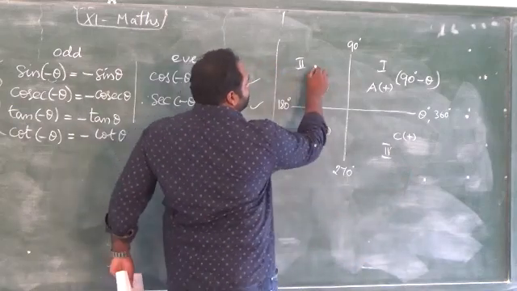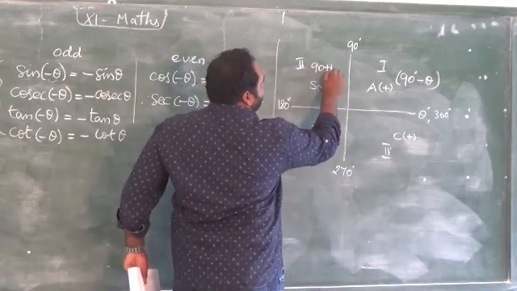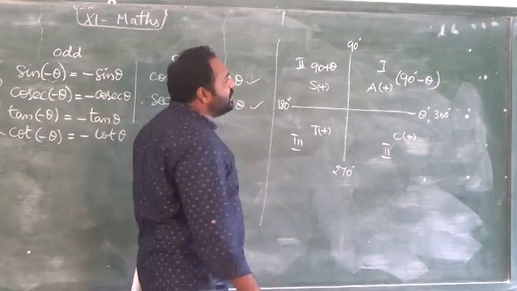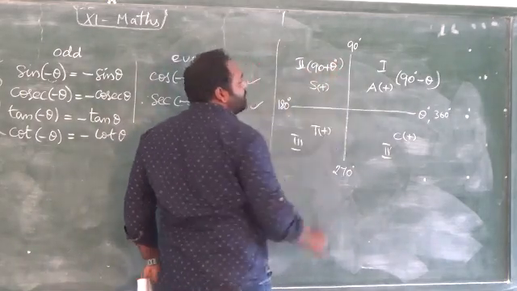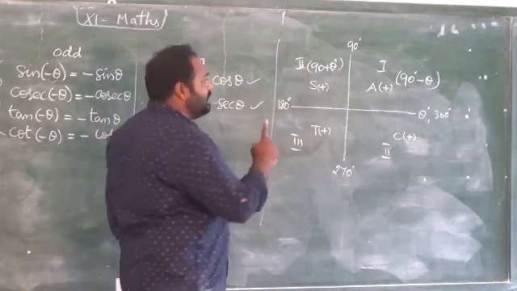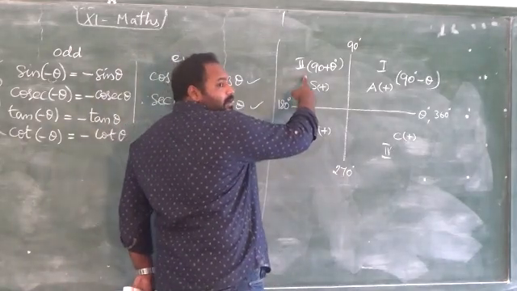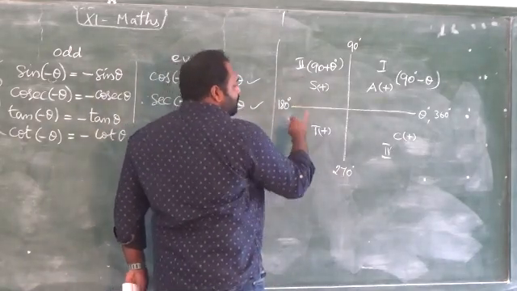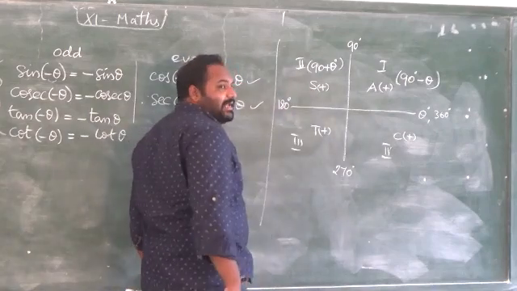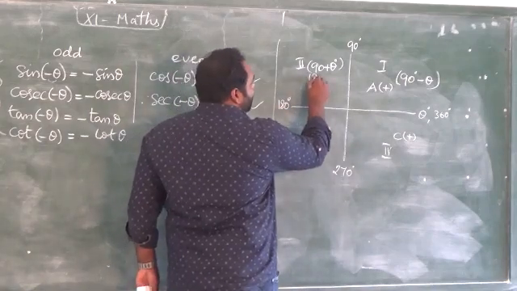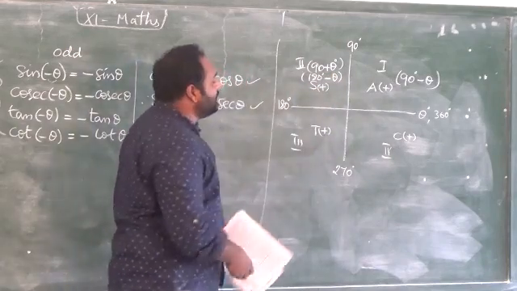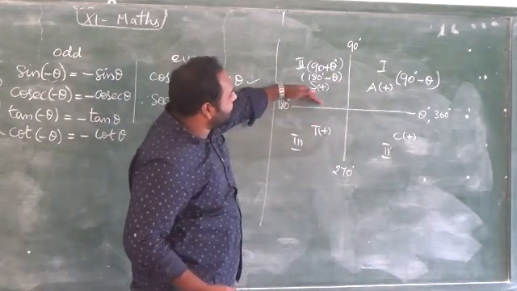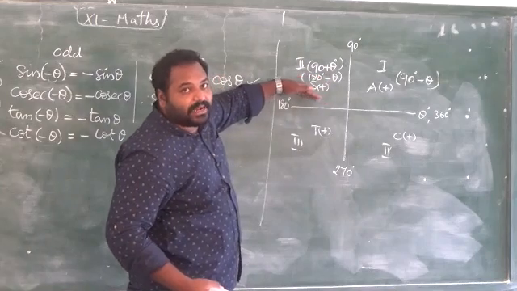Here we have 90 plus theta. So 90 and above will occur in the second quadrant. The second quadrant also will have 180 minus theta, where you subtract theta from 180.